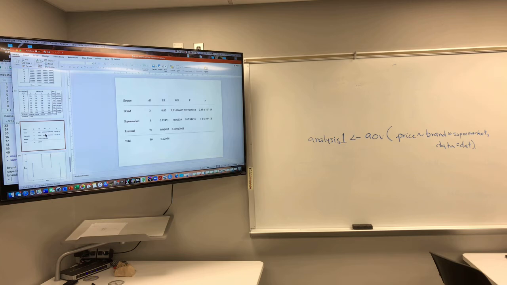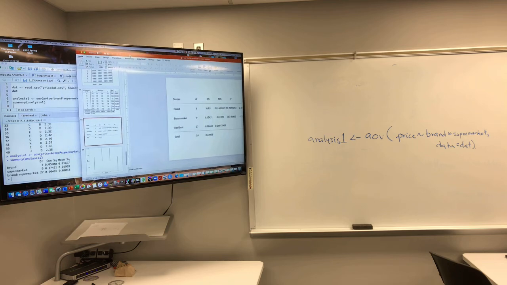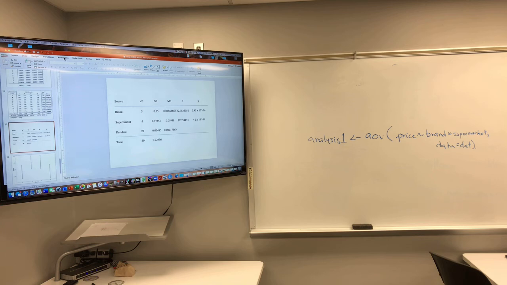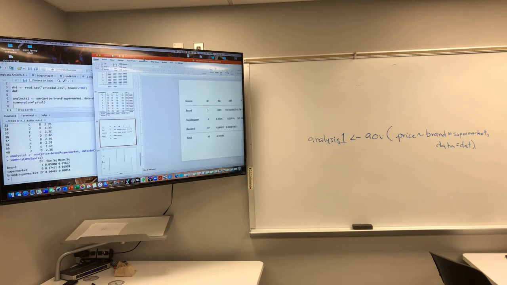This is the ANOVA table for this analysis. What is this ANOVA table missing? It's missing F and P values.